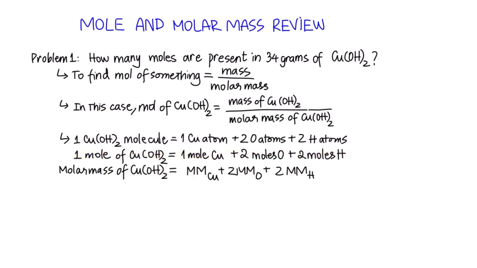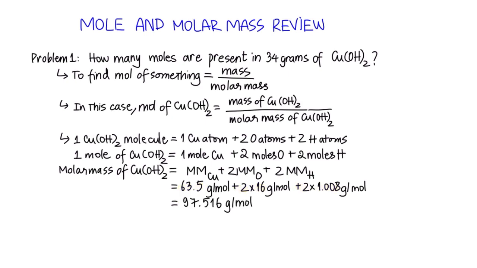And so the molar mass of Cu(OH)2 is going to be equal to the molar mass of copper plus 2 times the molar mass of oxygen plus 2 times the molar mass of hydrogen. Now I'm just copying numbers from the periodic table. I'm going to have 63.5 plus 2 times 16 plus 2 times 1.008, and that's going to give us 97.516 grams per mole. That is the molar mass of Cu(OH)2.